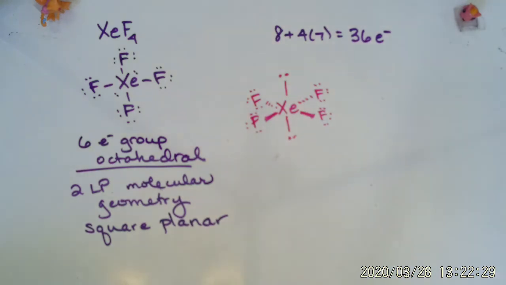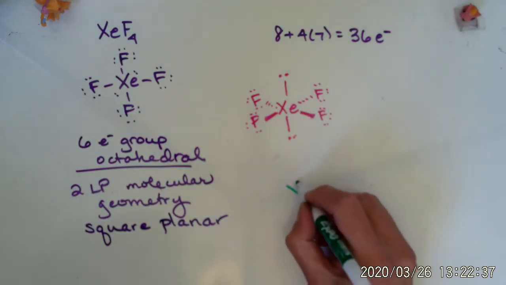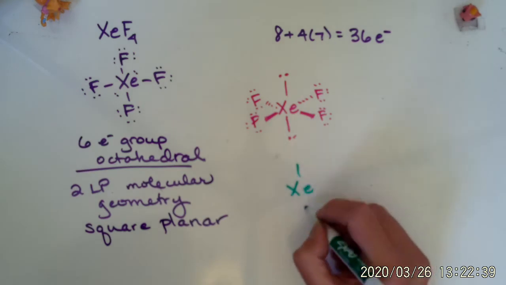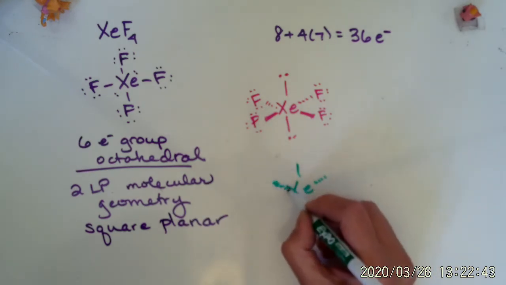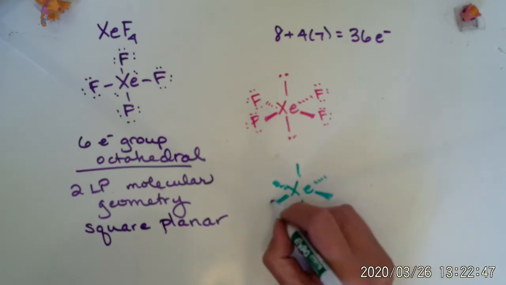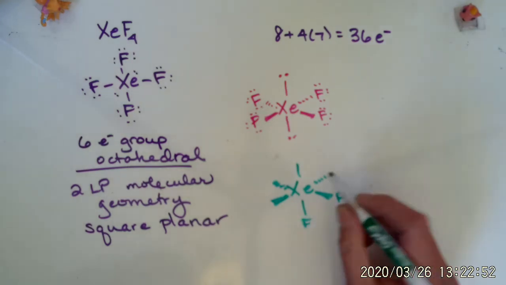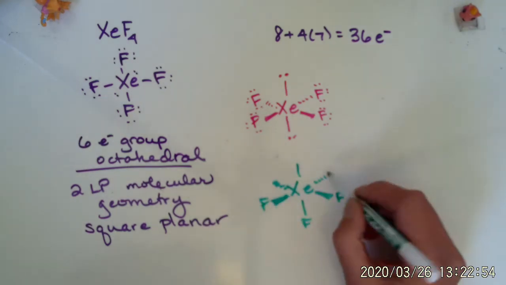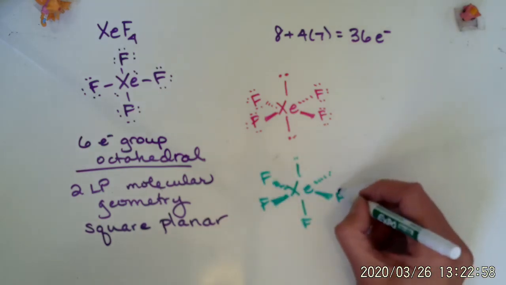They're opposite from each other. Yes, they are interacting with the fluorines, but what other option do we have? Well, it's this one, or the other option is putting my lone pairs here.